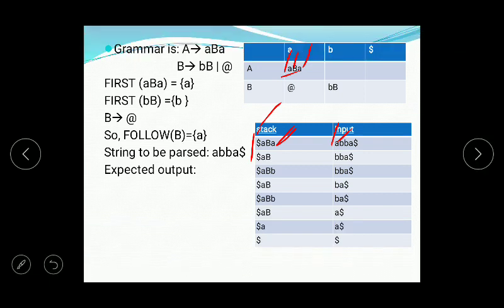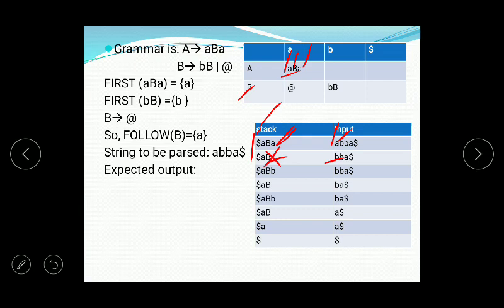Next what you have to see, B on B, you have to check. What is B on B? B on B is this BB. So while copying, how you have to copy? First, you remove this B from the stack.